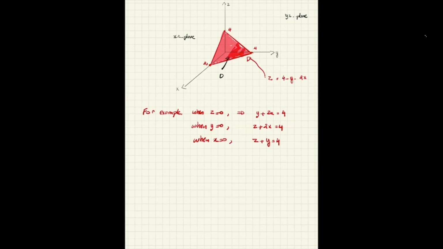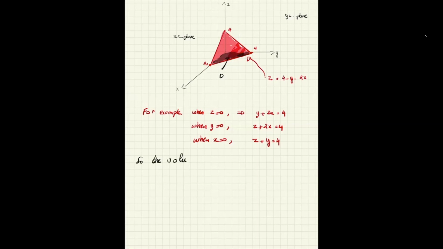So let me just do it on D. So this is the region D. Okay, so for the volume, is it clear?